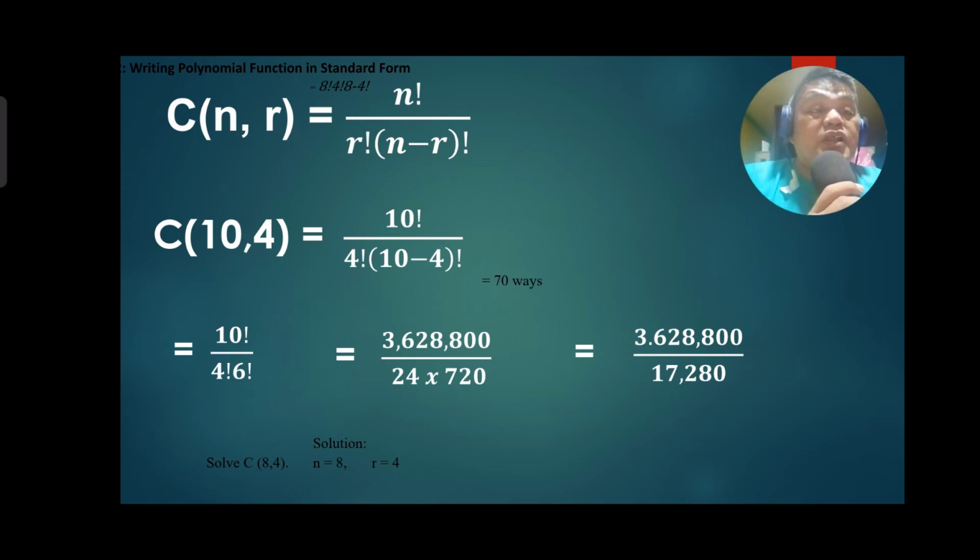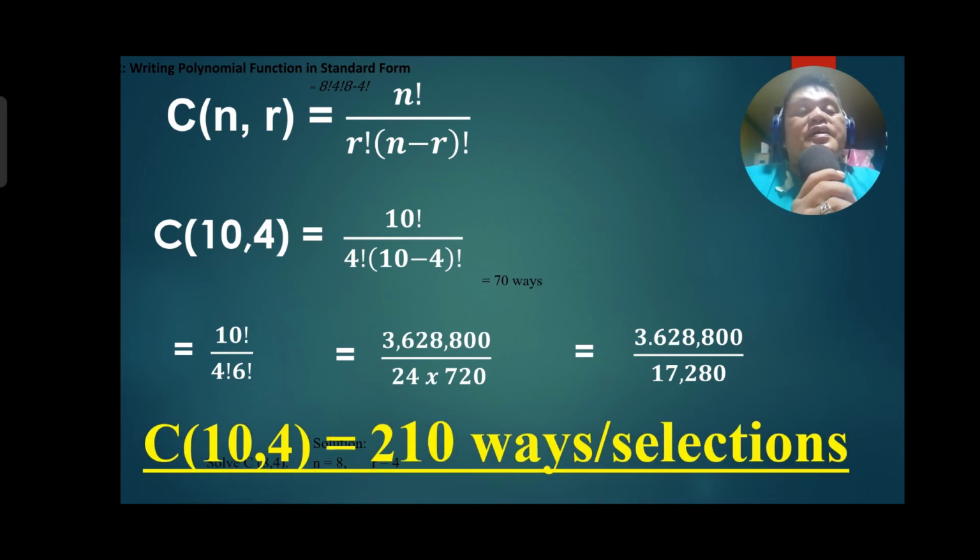So that will be 3,628,800 divided by 17,280, which is equal to 210 ways or 210 selections. That is the combination of 10 students taken 4 at a time. So that would be 210 ways or 210 selections.